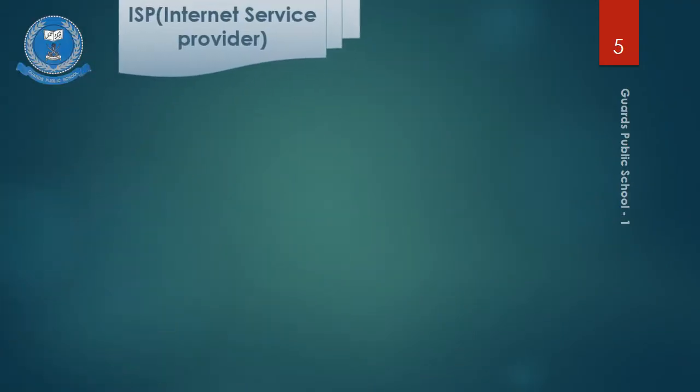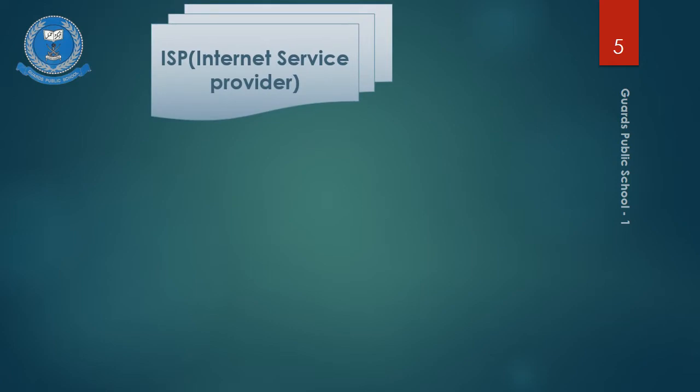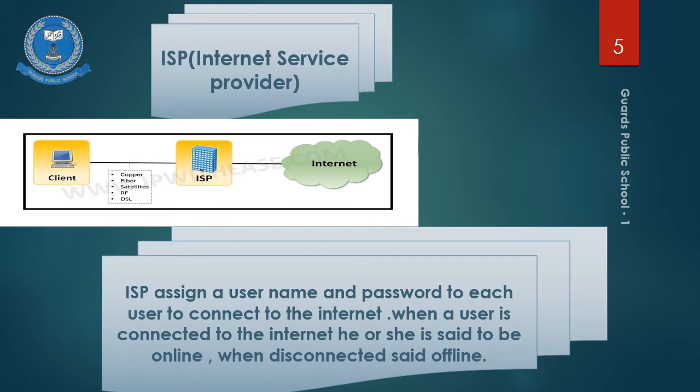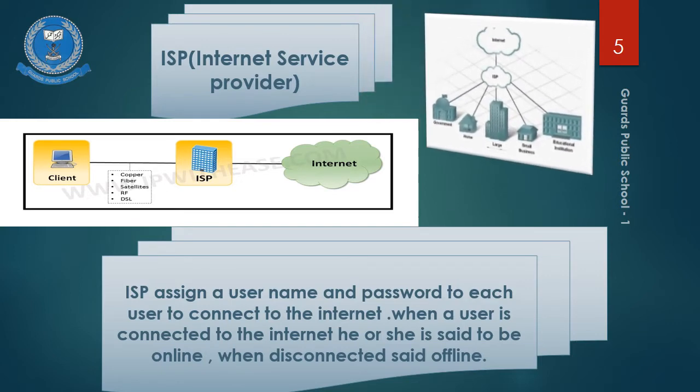The second topic is ISP. ISP stands for Internet Service Provider. ISP assigns a username and password to each user to connect to the internet. Whenever you take the internet from any source, whether through a telephone wire, a cable, or wireless media, you must have a username and password for your specific internet connection.